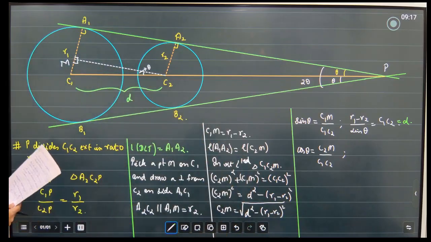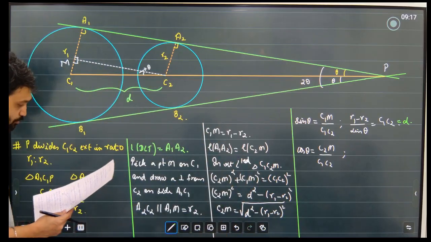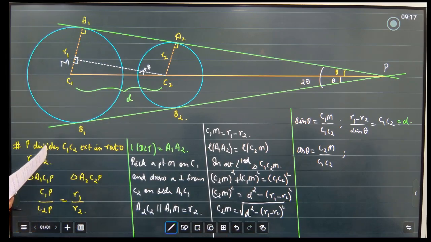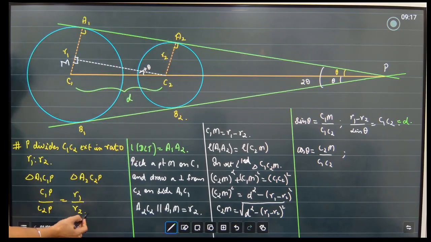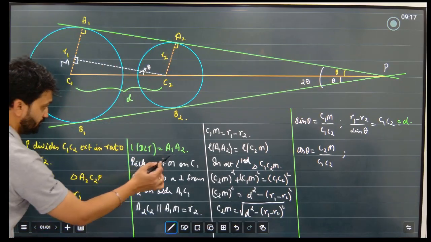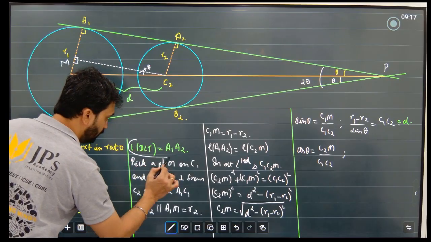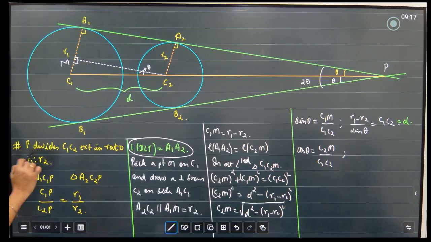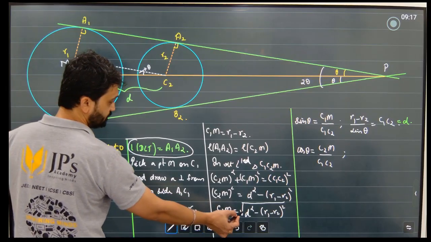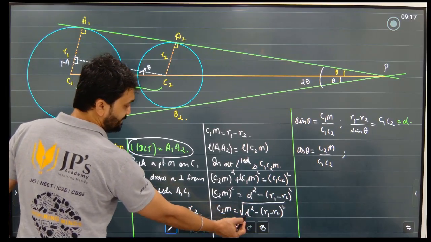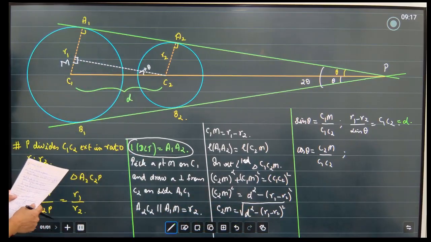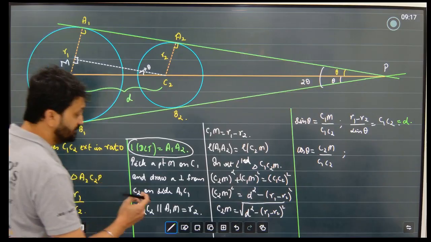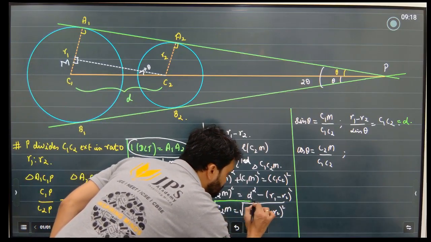This is C2M, which is nothing but A1 A2. And what is A1 A2? The length of the direct common tangent. So the formula for the direct common tangent is under root of the distance between the centers squared minus the difference between the radii, the whole square. Have you guys understood this? Now this is your direct common tangent.